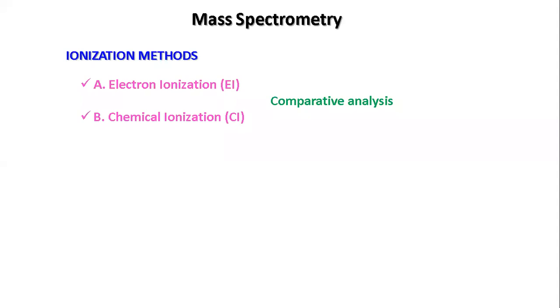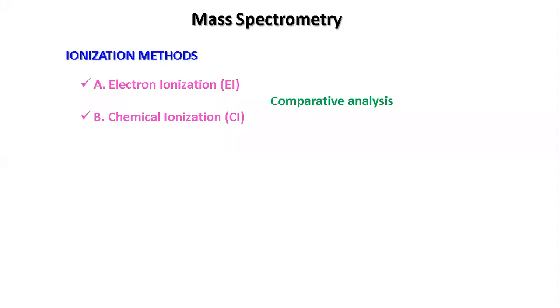The higher the proton affinity difference between your targeted molecule and the helping gas, the more chances of energy transfer. And if there is more energy transfer, the fragmentation will be more. So you have to be very careful about what type of molecule you are analyzing and choose the gas accordingly.